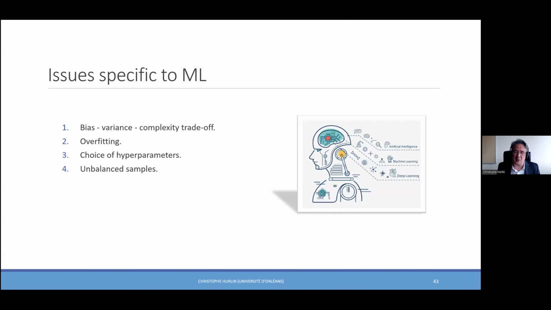The main particular issue is the trade-off that exists between the bias and the variance of your model, of your hypothesis. And this trade-off is also related to the complexity of your model. We discuss this point. And this trade-off has strong consequences for what we call the overfitting issue.